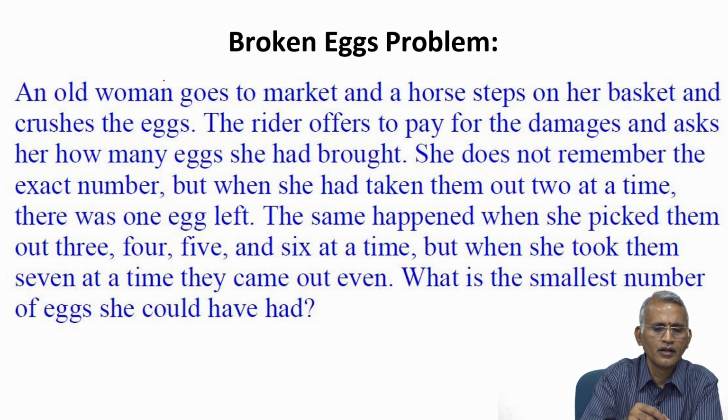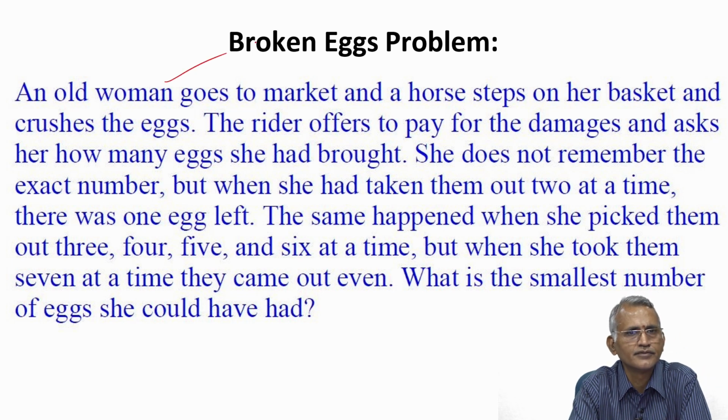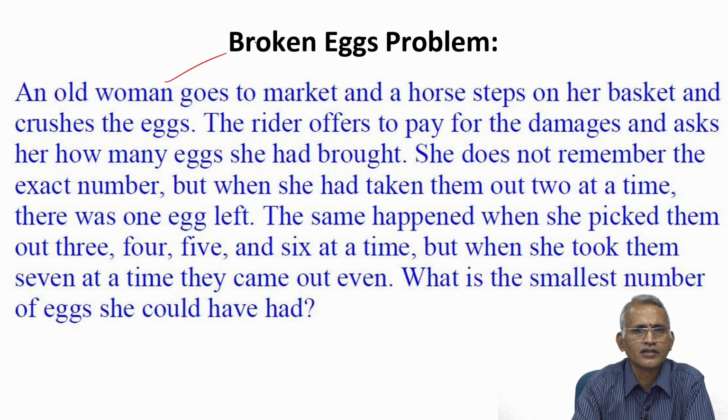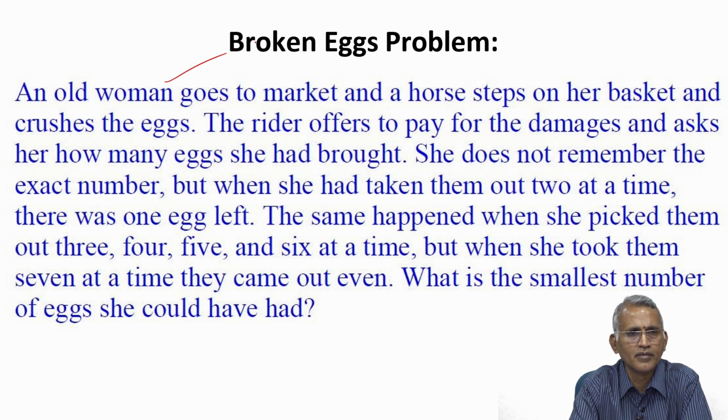An old woman goes to market and a horse steps on her basket and crushes the eggs. The rider offered to pay for the damages and asked her how many eggs she had brought. She does not remember the exact number, but when she had taken them out two at a time, there was one egg left.